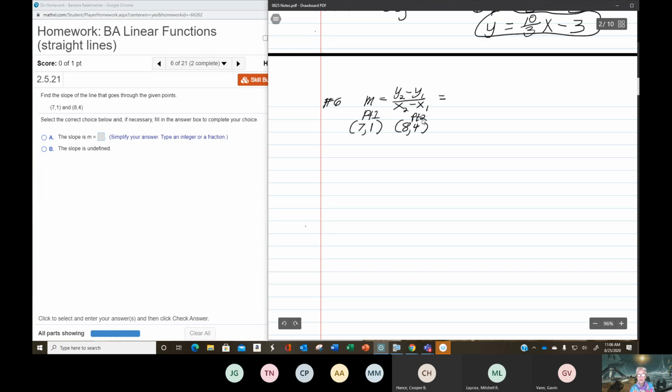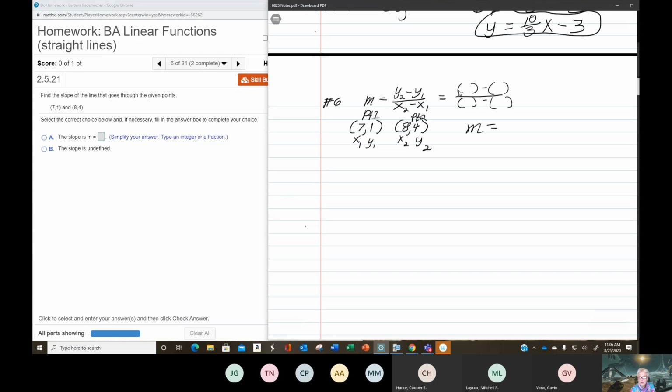You could go the other way around as long as you're consistent. So we'll have x1, y1, x2, y2. So I'll have m equals, oh, actually I could have gone up here, couldn't I? Okay, so we'll have y2 minus y1 over x2 minus x1.